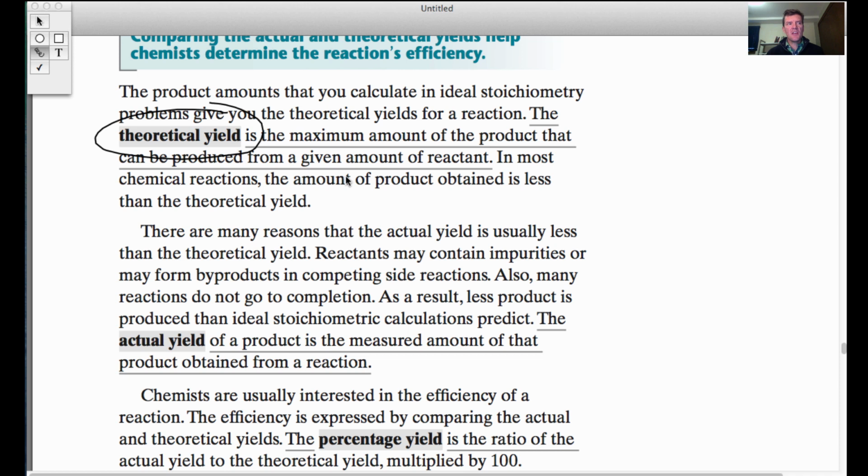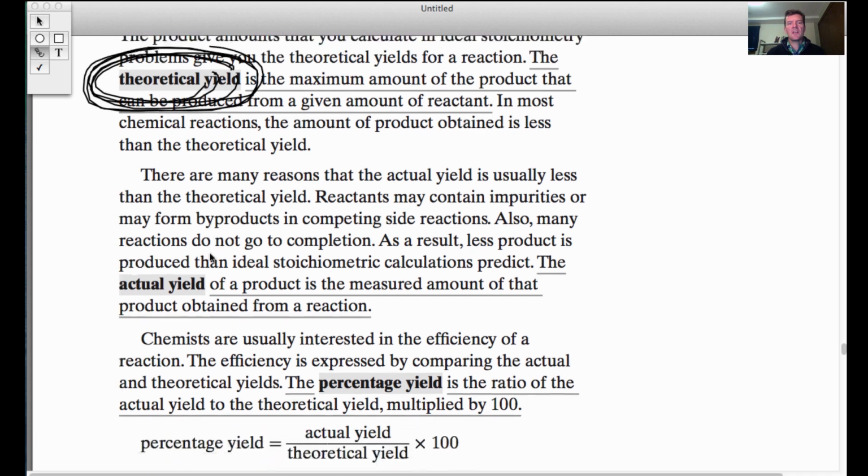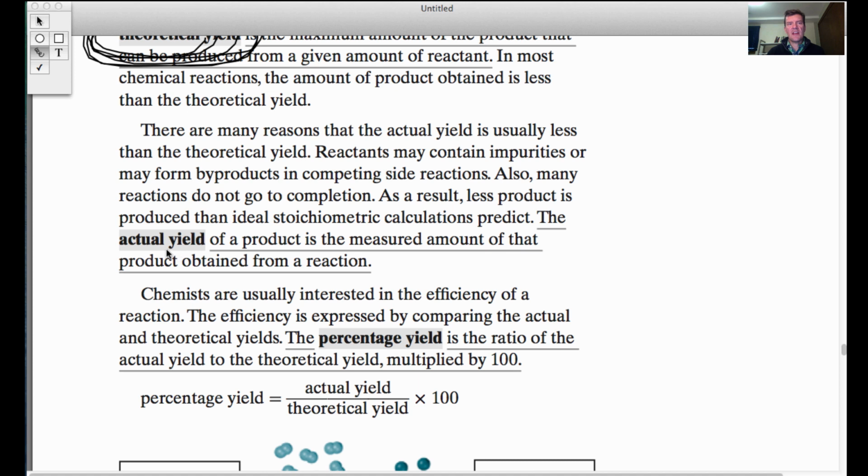Theoretical yield is if this reaction goes exactly as planned and there's nothing wasted, nothing lost, no problems, we anticipate that we're going to get exactly a certain amount by calculation. In other words, I calculate, I think I'm going to get this amount. That's my theoretical yield. But when we actually do the reaction, the actual yield may be less. Actually, it's always going to be less than we anticipated.